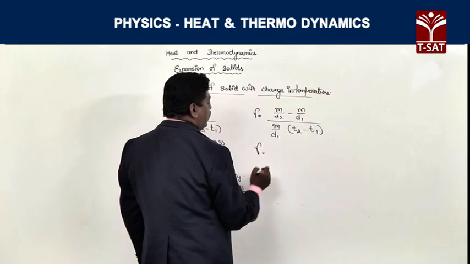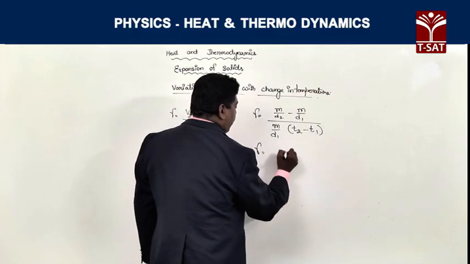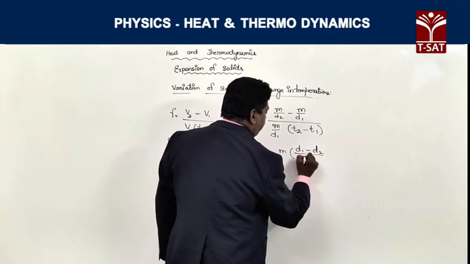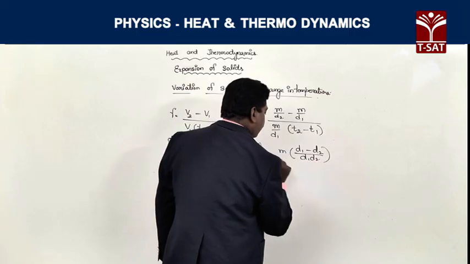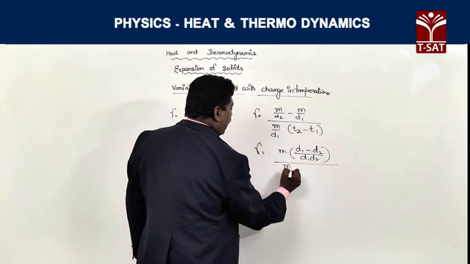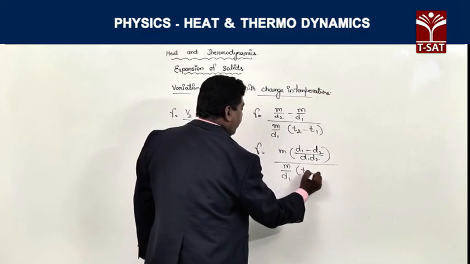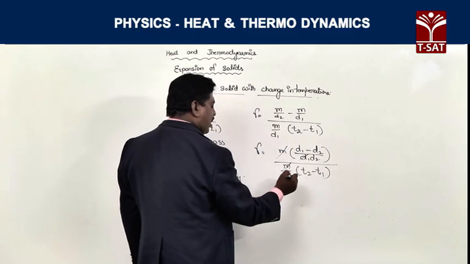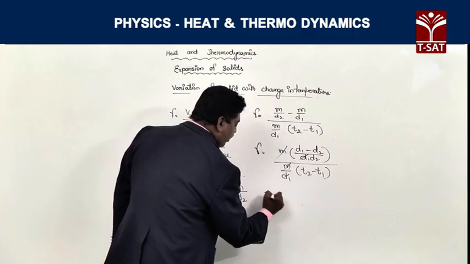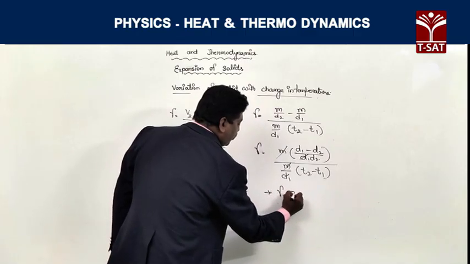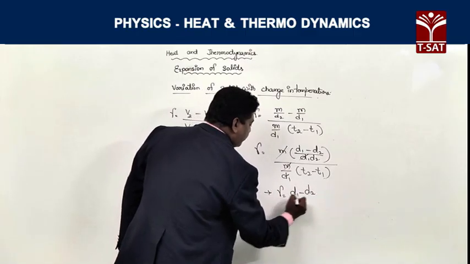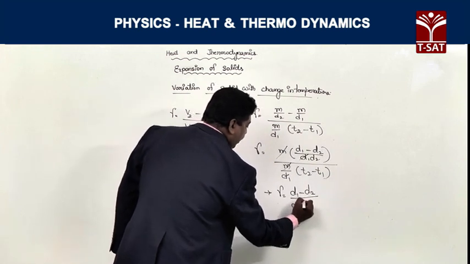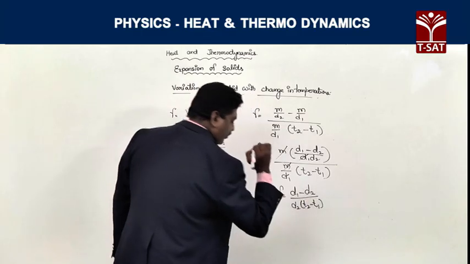Now, gamma equals m into (d1 minus d2) by d1 d2, whole divided by m by d1 into T2 minus T1. m and m, d1 and d1 get cancelled off. Remaining is gamma equals (d1 minus d2) by d2 into (T2 minus T1).